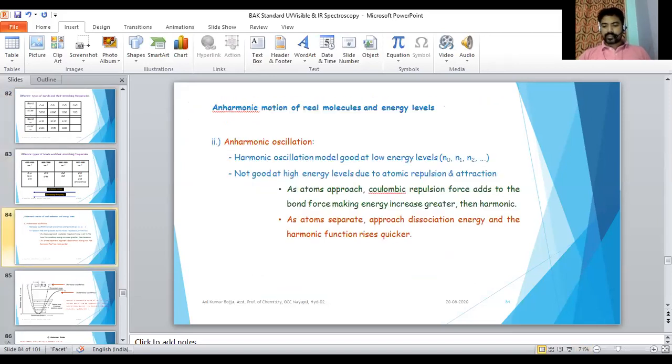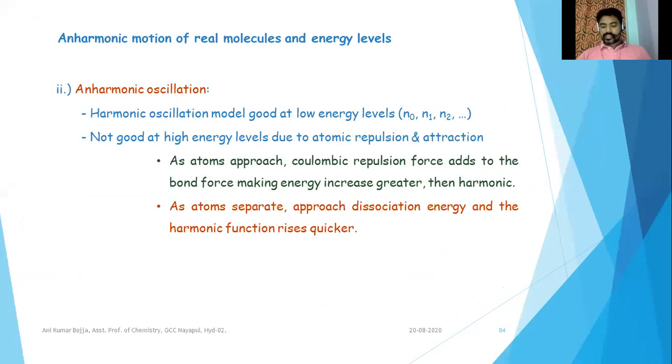Today I would like to discuss the selection rules in infrared spectroscopy. At the same time, I have told that molecules at low temperature, the chemical bonds present between the atoms of the molecule, will exhibit harmonic motion.